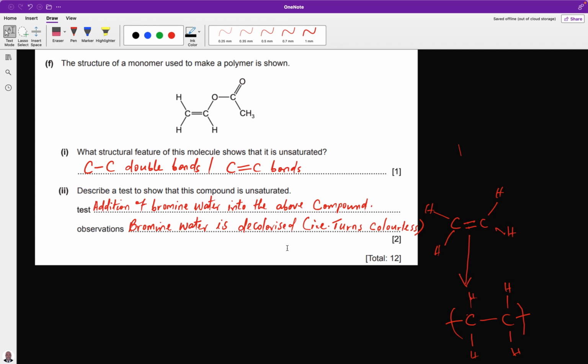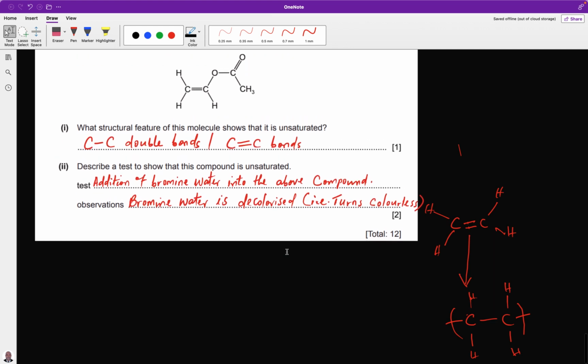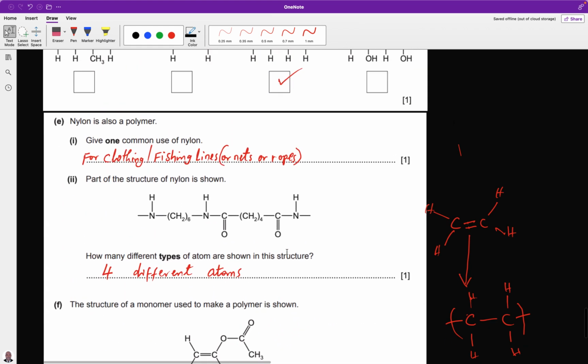Bromine water is decolorized, or bromine water turns colorless. That is a simple test for it. And that is it.